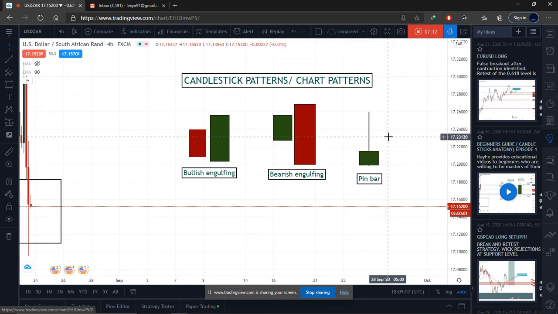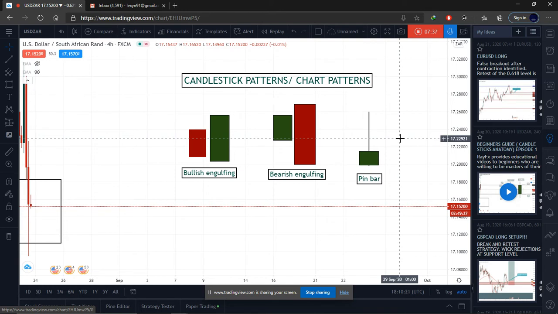So the market was able to close at this level, which means the sellers are stronger in this area. So when you find them in the area of resistance, it means sellers are strong and you would want to sell the market rather than buy. We'll look at certain examples inside the charts, and that will make you understand this very well.